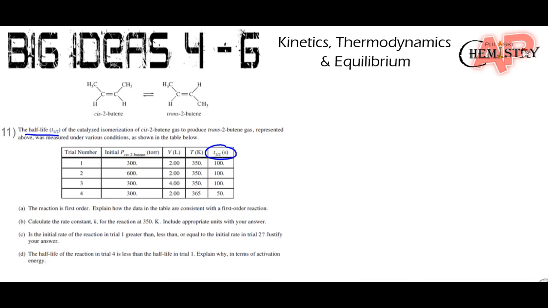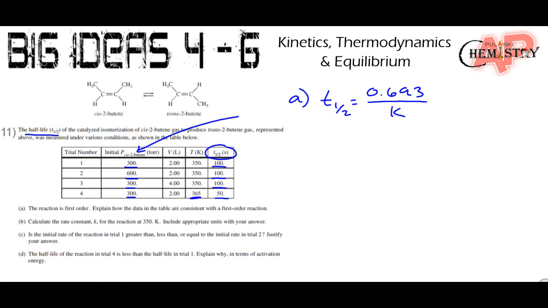So if you look up the equation for half-life on your equation sheet, it says that the half-life equals this value. So what do you notice is absent in my half-life equation? It doesn't have anything about concentrations, and concentrations can be considered pressure. So if you look at pressure right here, and you look at a change in pressure, you have 300 and then you have 600, and the half-life does not change. And it goes back to 300 and it's still 100, and then it's at 300 again.